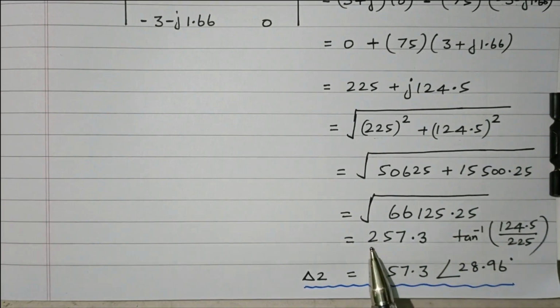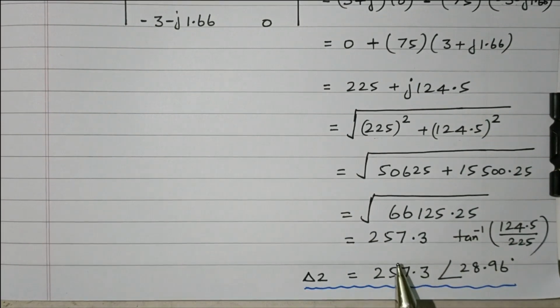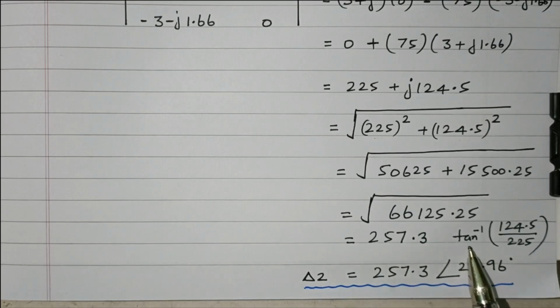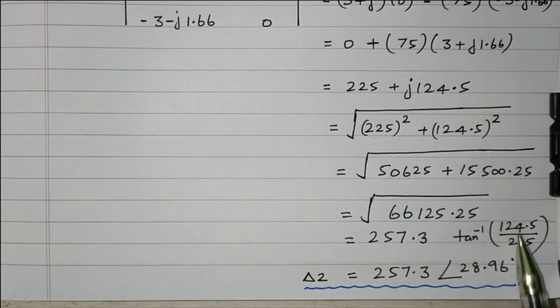The square root is 257.3. Similarly, we need to find the angle, tan inverse b by a, 124.5 divided by 225. That value is 28.96. So the delta 2 value is 257.3 angle 28.96. Now we got delta 2 as well as the delta value, so that we can find the I2 value.